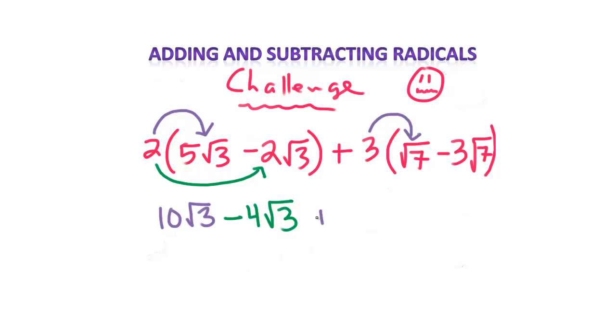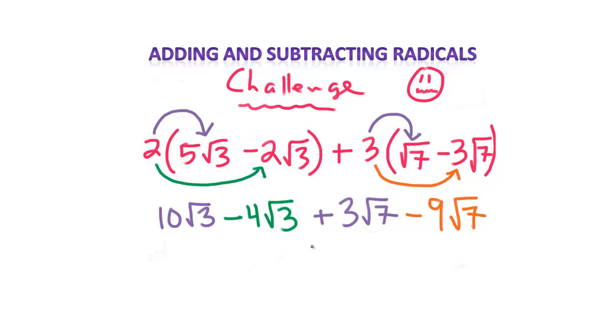It's just positive 3 radical 7. And then the same thing with the other one. Take that 3 again, and now you're multiplying with that negative 3 radical 7. So that becomes negative 9 radical 7. Again, I didn't write the parentheses because we distributed.